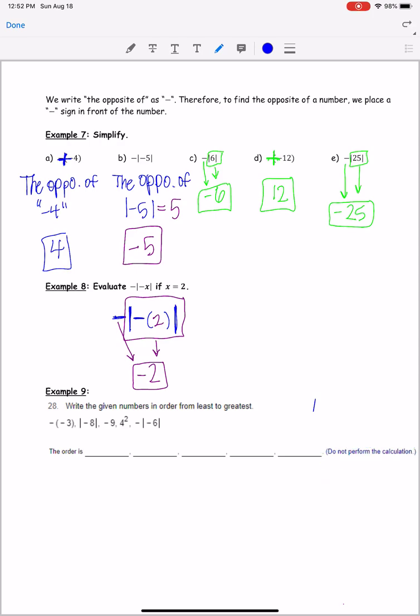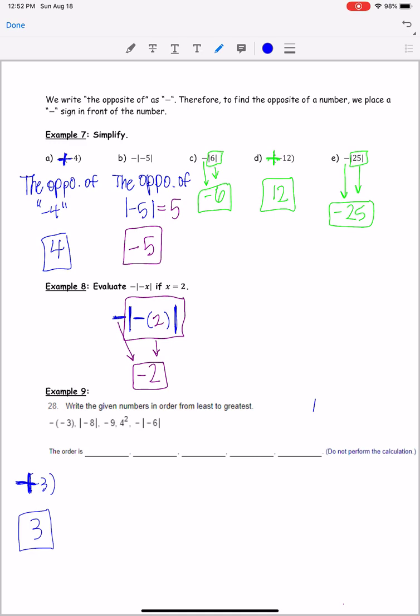So let's just take the very first one. We've got -(-3). So either read this as the opposite of -3, which is 3, or change that double negative into a plus, and that becomes +3. So either way you think of that.